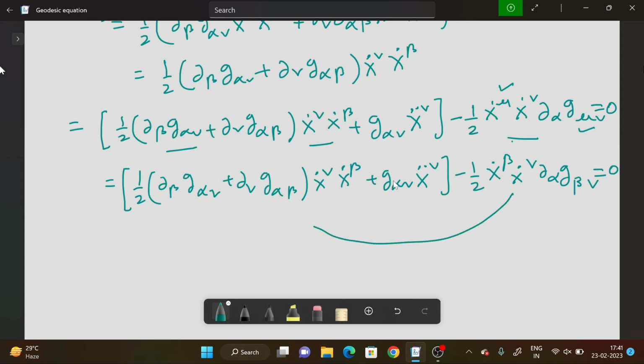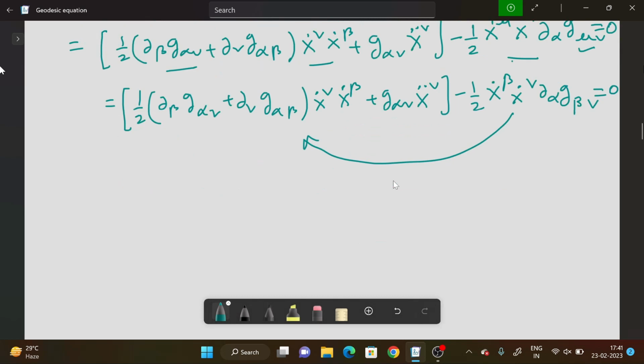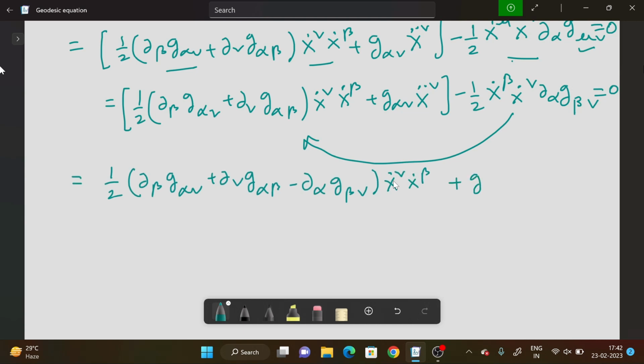Now we can take this equation over here, right? If we do that, we can take the half common and we will be left with d beta g alpha nu plus d nu g alpha beta, and our new equation which is just minus d alpha g beta nu, and the things that we have taken common, that is x dot nu and x dot beta, and the other leftovers, which is g alpha nu x double dot nu is equal to 0.